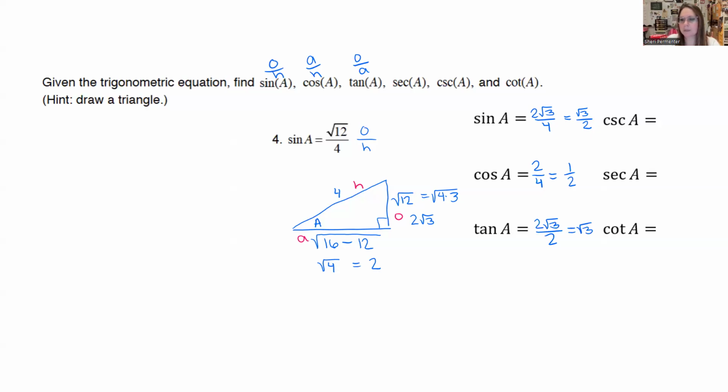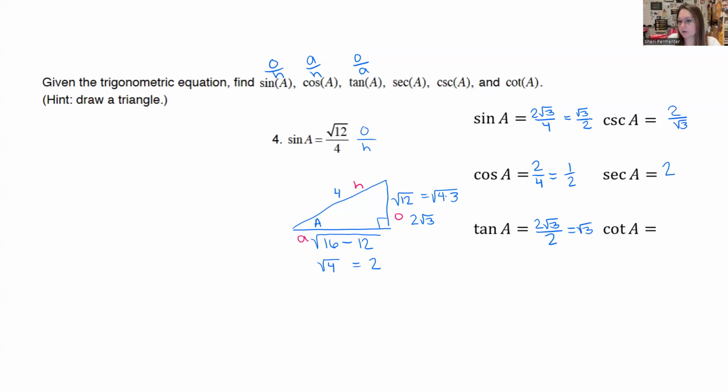Square root 3. The reciprocals, cosecant, secant, and cotangent. How do I find those? What do I do with these? Flip them upside down. So I get 2 over square root 3, 2 over 1, which is just 2.